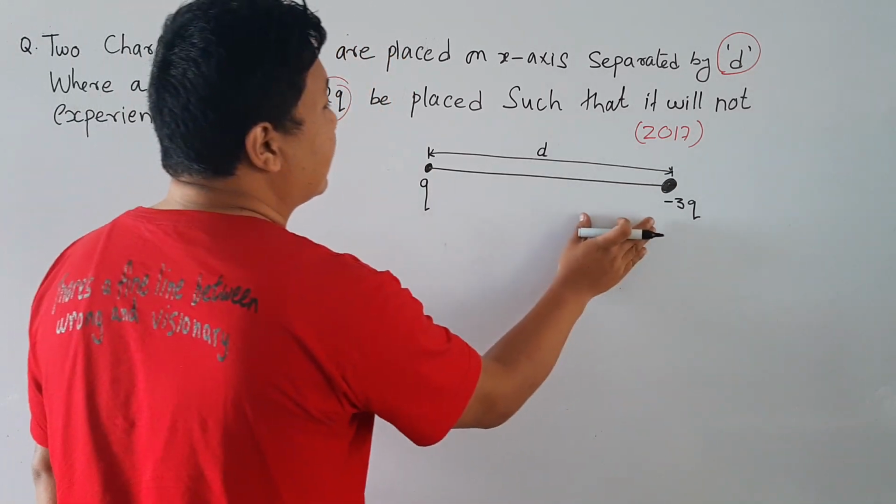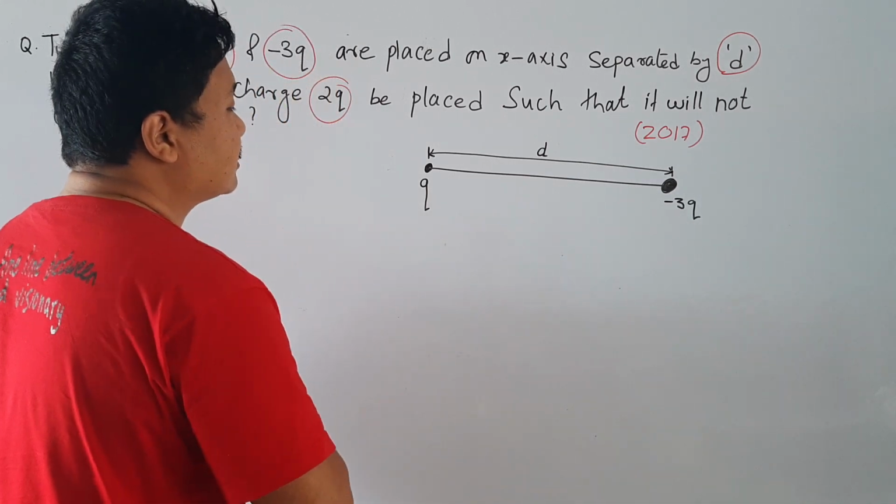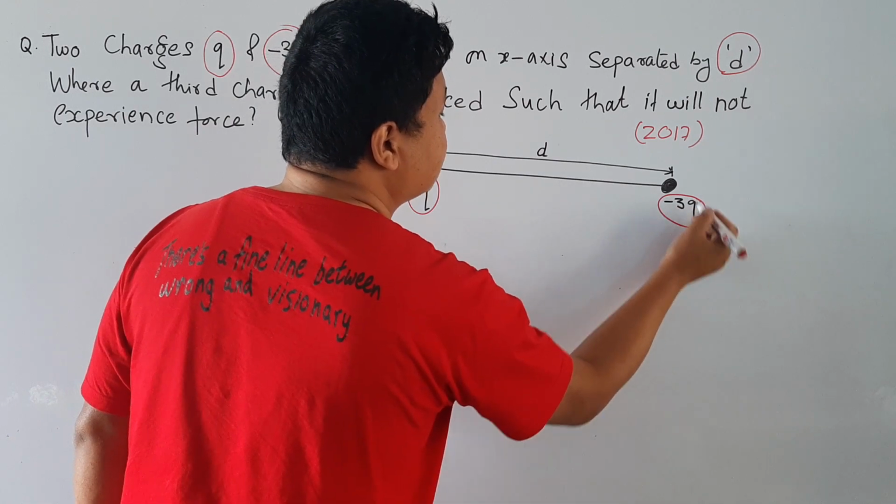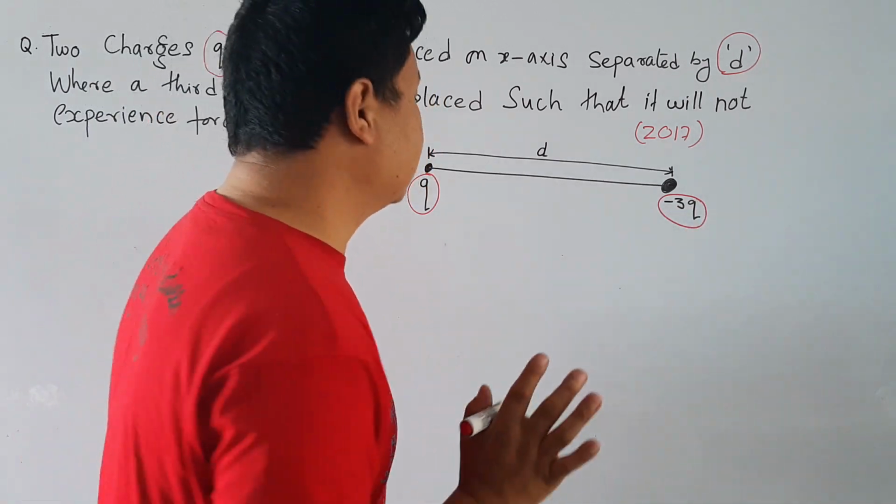If you see, this is my positive charge and this is my negative charge, it means that they are unlike charges.